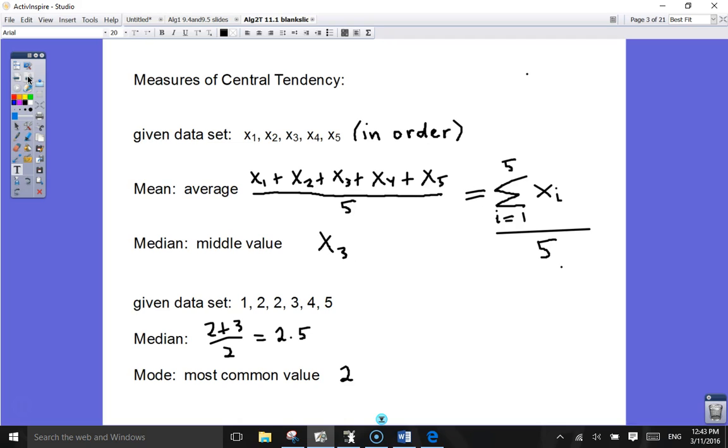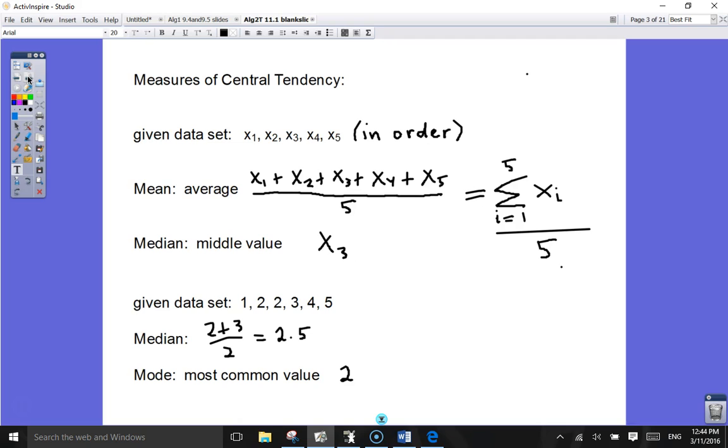What is the median? The median means the middle value, right? You throw out the high and the low, you throw out the high and the low until you've got one number in the middle, assuming that these 5 data points were in order from least to greatest, x3.